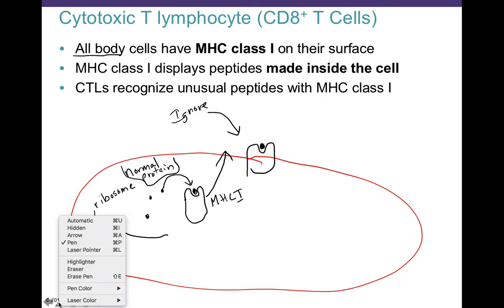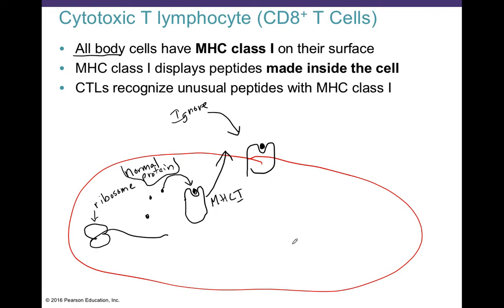So what happens if we have a cell that gets infected by a virus? So now we have these unusual viral proteins that are being made.